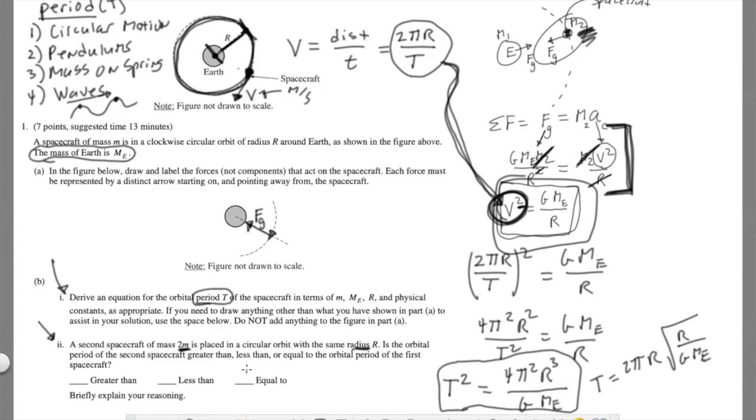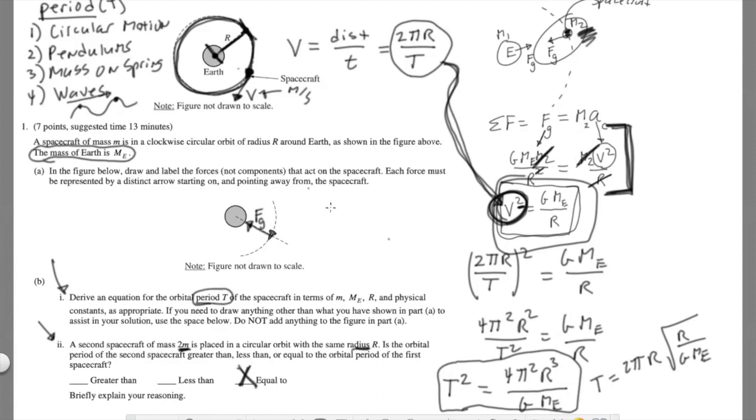So the orbital period would be equal to what it was with a spacecraft with half the mass, because mass doesn't matter. Basically, the answer here, explain your reasoning, you're going to say the mass of the spacecraft is not relevant. It cancels out in our calculations, or something to that effect.